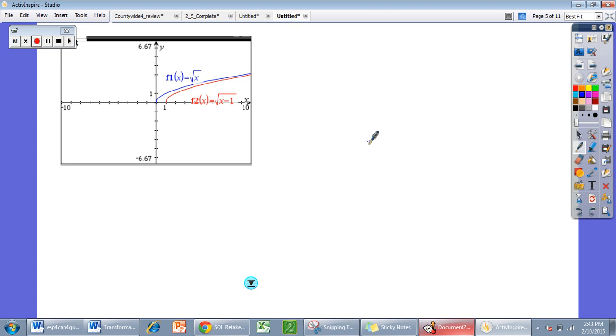And one more, just so that we're not thinking we always shift to the left. Here's our parent graph of the square root of x, and then we have the square root of x minus 1. So I know my x lies, so I'm actually going to shift to the right one. So instead of crossing at 0, 0, I cross here at 1, 0, and then I follow that same pattern.